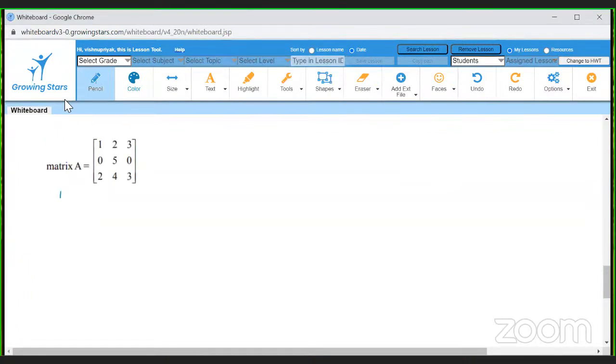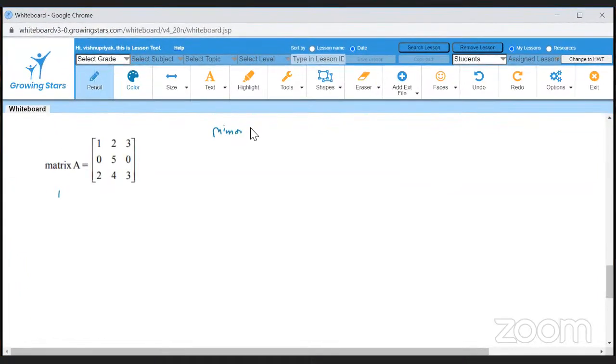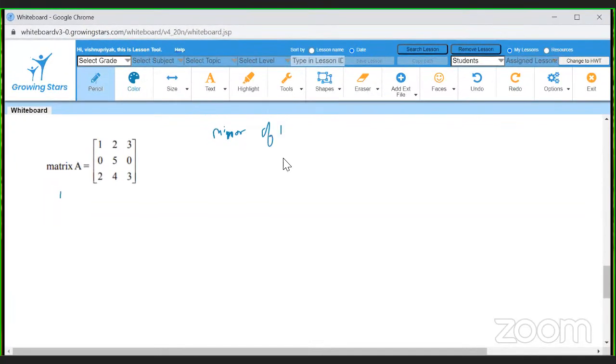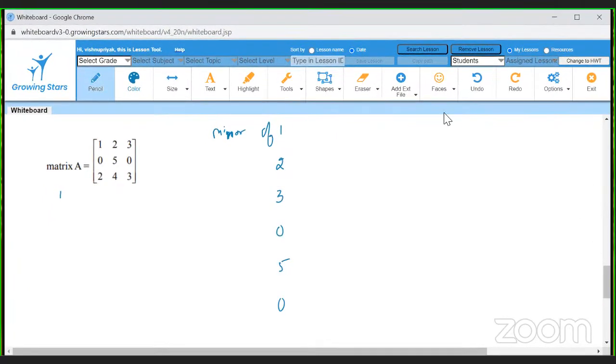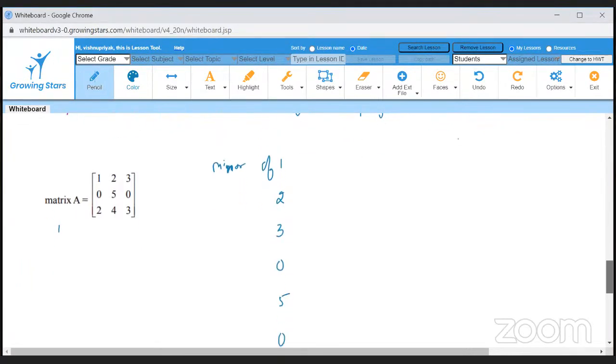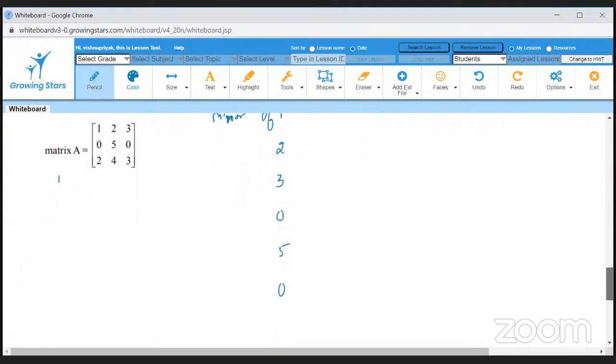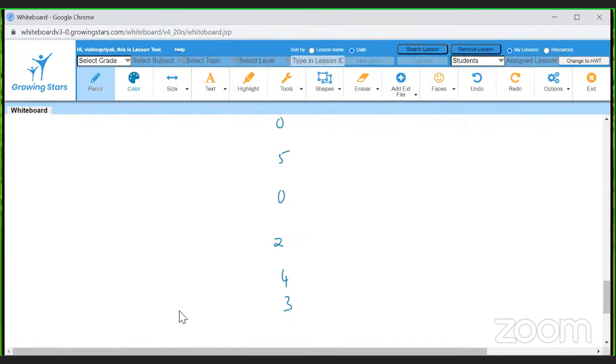Here is the matrix. You have to find the minor of 1, minor of 2, minor of 3, minor of 0, 5, 0. 1, 2, 3, 0, 5, 0, 2, 4. Find the minors of all these.